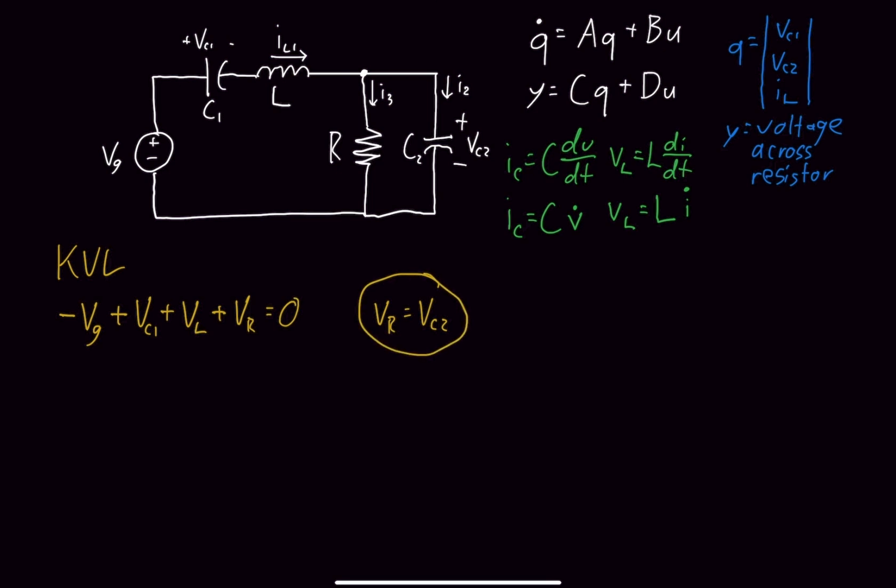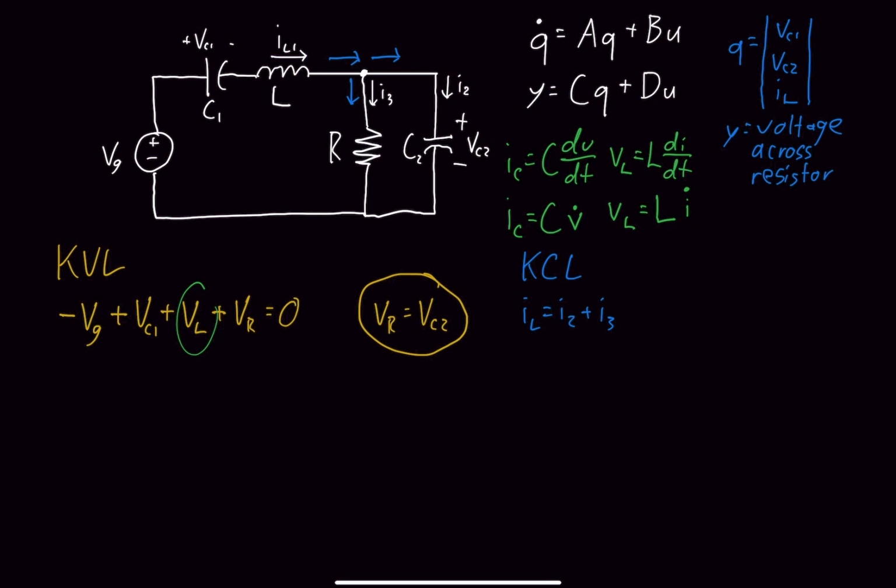So now let me do KCL. It looks like IL is equal to I2 plus I3, going this way and that way. They'll both equal each other. So now I have a good basis to start. The first thing I see is that this VL matches what we have here.